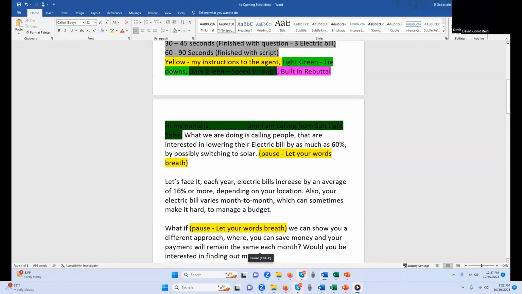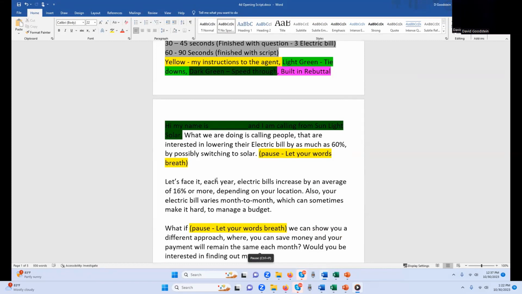Hi, my name is David. I'm calling from Sunlight Solar. What we're doing is calling people that are interested in lowering their electric bill by as much as 60% by possibly switching to solar. Let's face it, each year electric bills increase by an average of 16% or more, depending on your location.